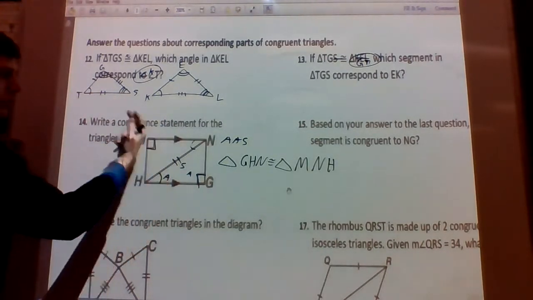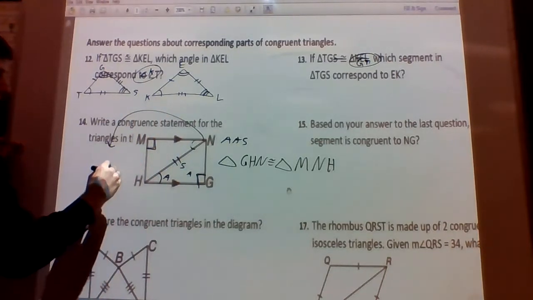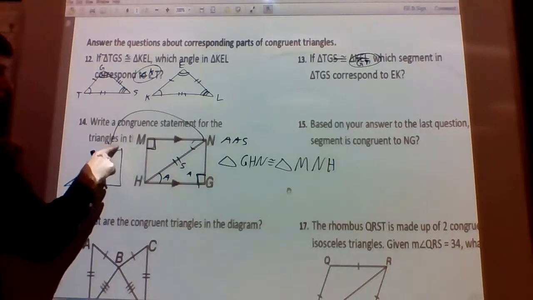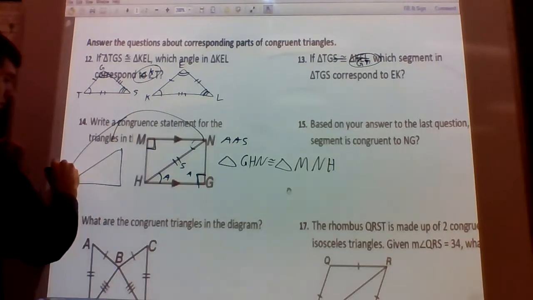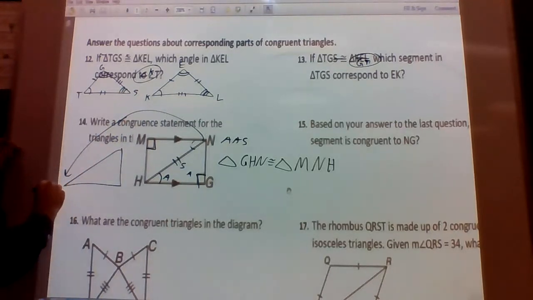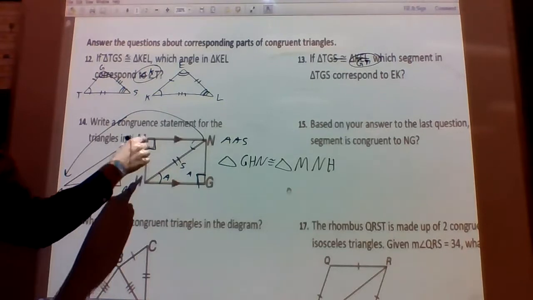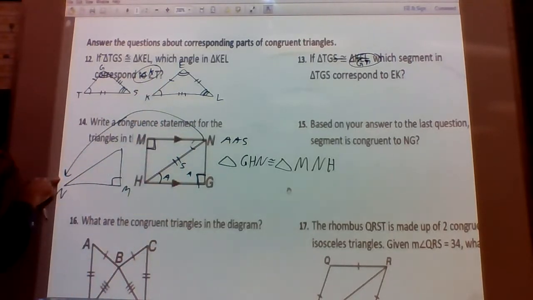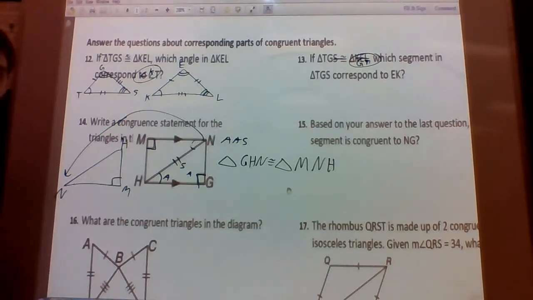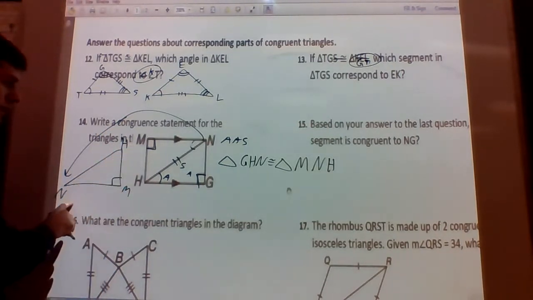If we pulled this piece off the triangle and then rotated the N around, we would get something like this. So this N gets rotated right down here. Our right angle is at M. So again, rotate it, and H is going to pop up here. So we have H, M, and N.